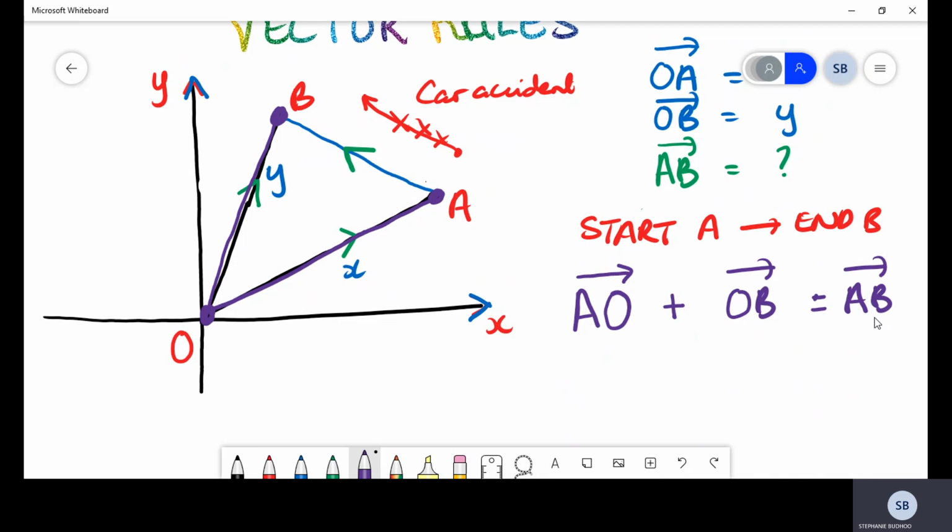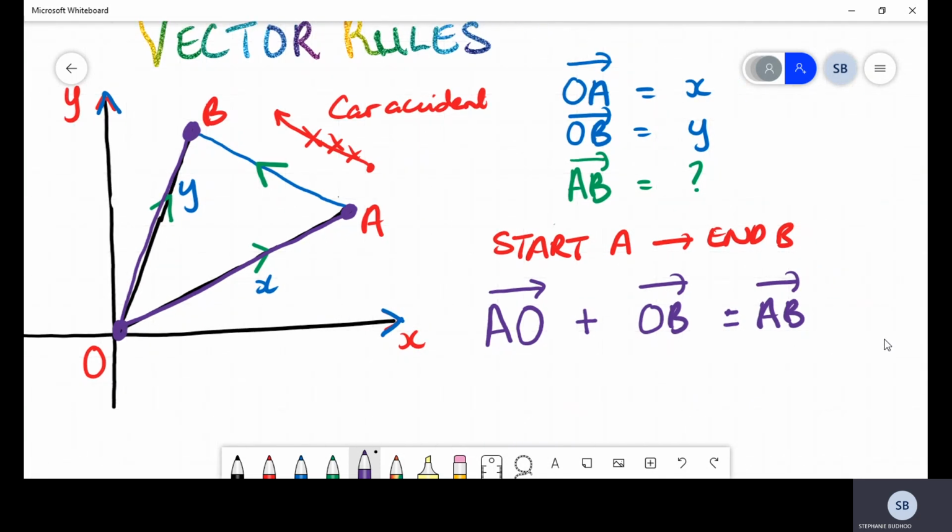Now, what about the values? We had originally values for the vector OA. We had OA having a magnitude of x, but OA was in a particular direction, heading towards A. So if we wanted to know, AO is actually in the opposite direction.